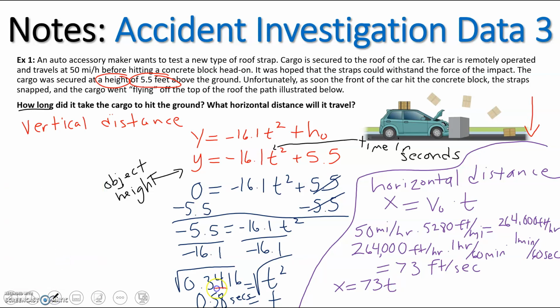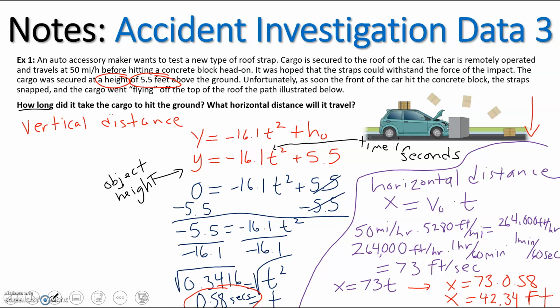In this case, our time was 0.58 seconds. So we get x is equal to 73 times 0.58 seconds, which comes out to be about 42.34 feet.